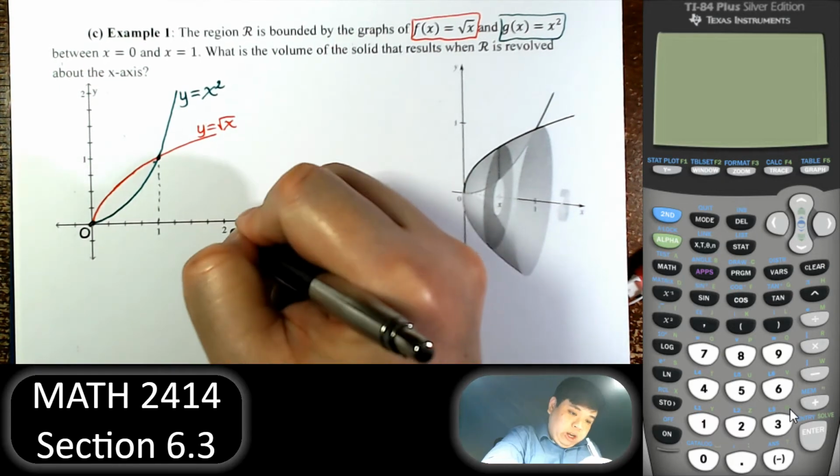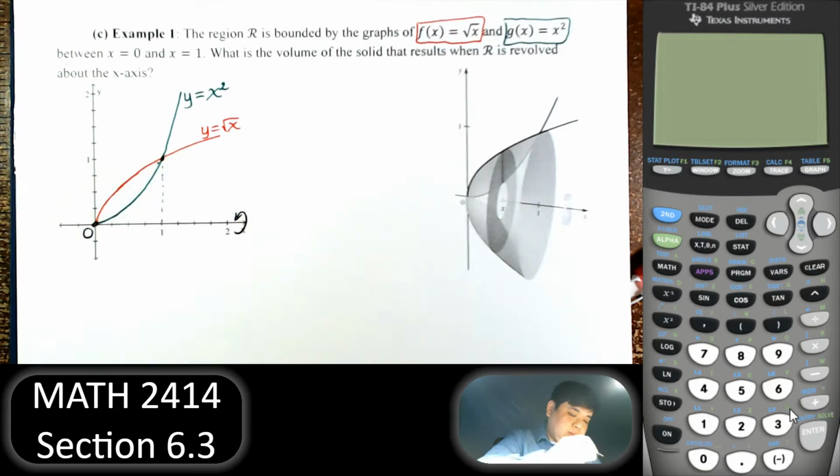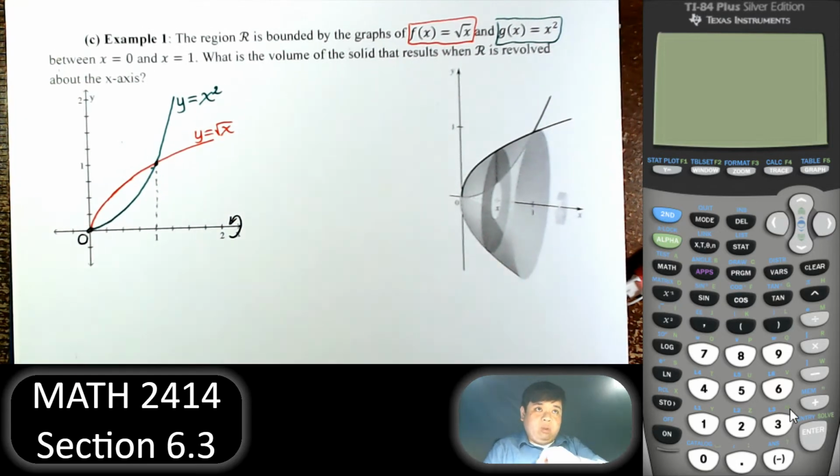So the axis of rotation is this. When we rotate, pretty much we have the graph like this.